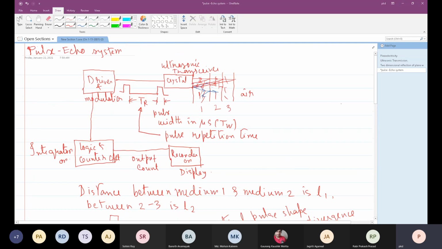We have here shown that the beam is going through a straight line path. Actually, the piezoelectric crystal will have a beam profile, so if I have a target, reflections will be coming from that beam profile.